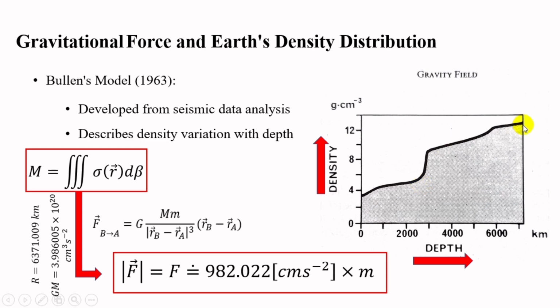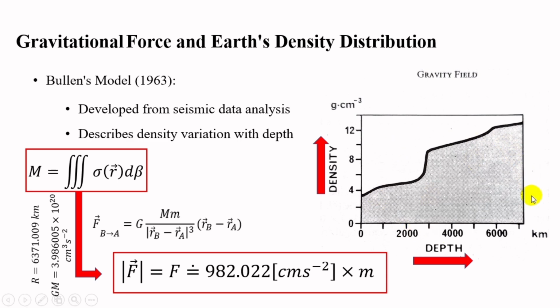This figure shows one such model proposed by Bullen in 1963 based on seismic data. All seismic models assume that the Earth is perfectly spherical, meaning the density varies only with distance from the Earth's center or depth, like you can see in this image.